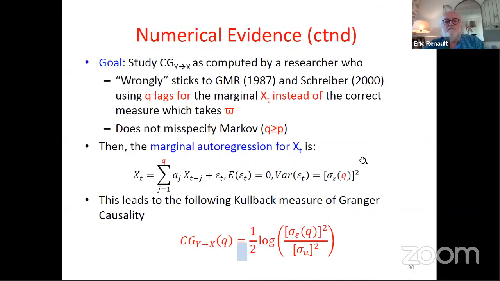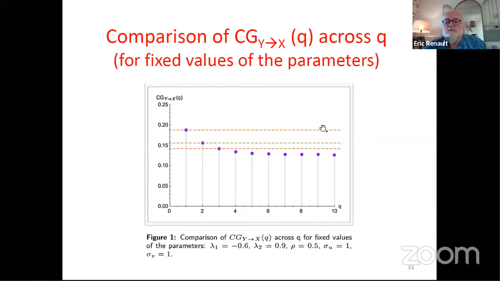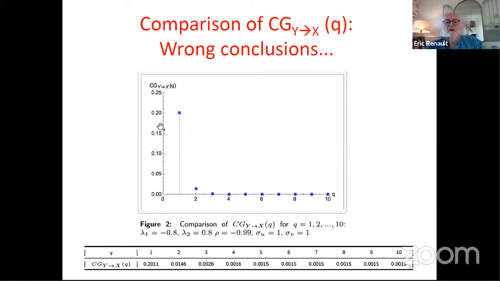So what is going on? If you look at Granger causality when you think about Markov for the Q, when you increase Q, as I said, you downplay the causality measure because this overestimates causality, and the right causality measure is this one. You may say the difference is not that big a deal, but look at another example.